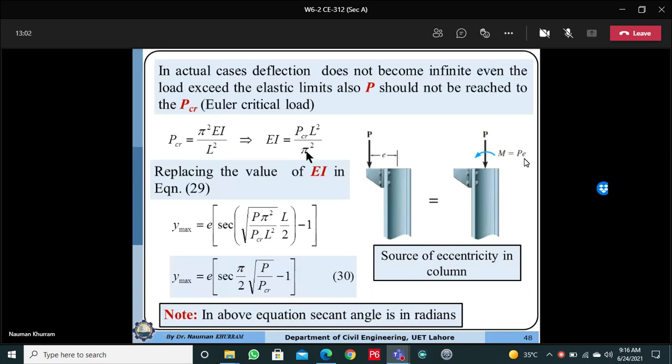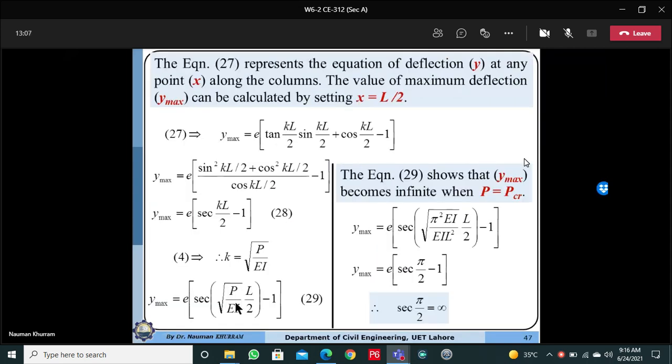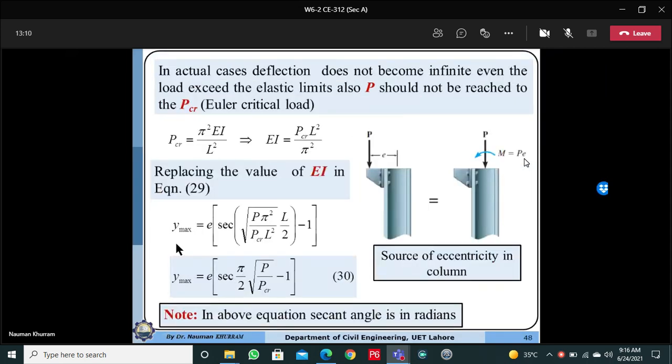If you substitute the EI value in equation number 29, you can simplify the expression. After substituting and simplifying, pi square and L square can be taken outside. So the maximum deflection in an eccentric column is a function of eccentricity into secant of pi by 2 into the square root of P over P critical, where P is the applied load and P critical is the Euler critical load about the bending axis. This P will always be less than P critical.